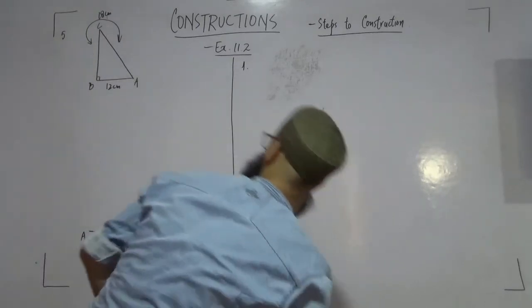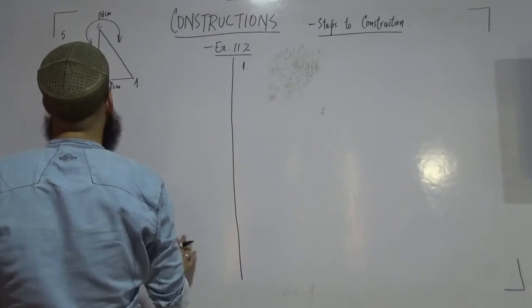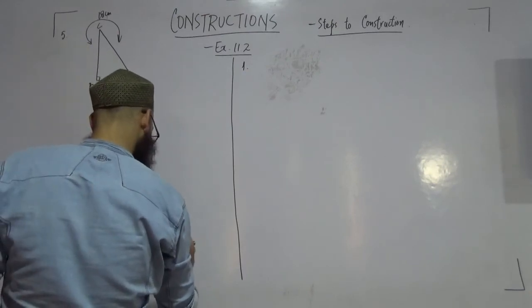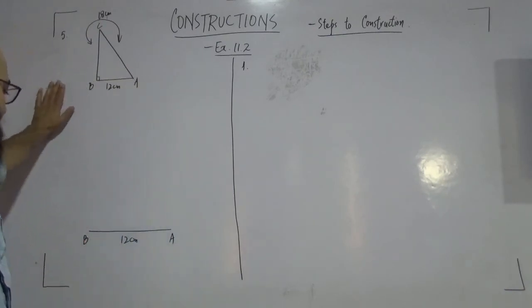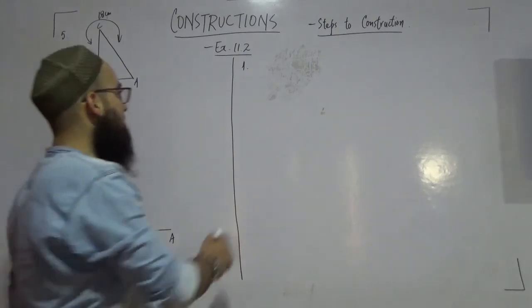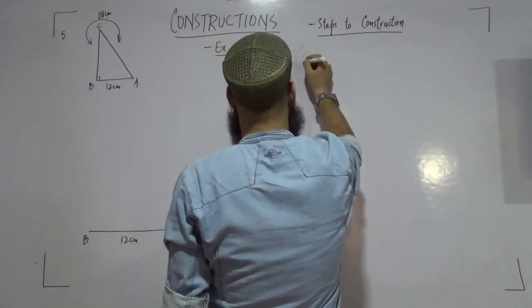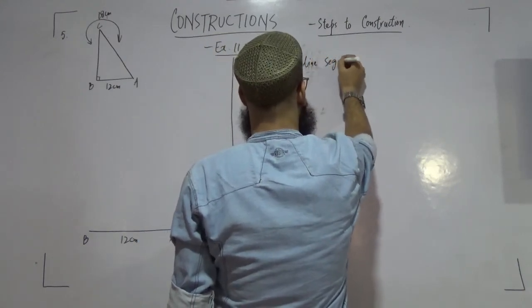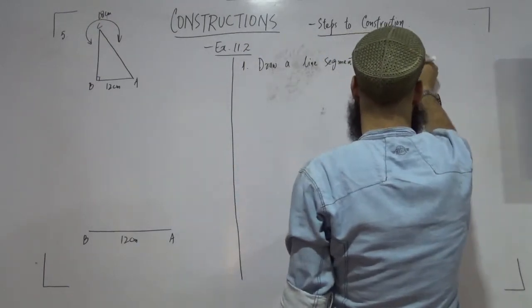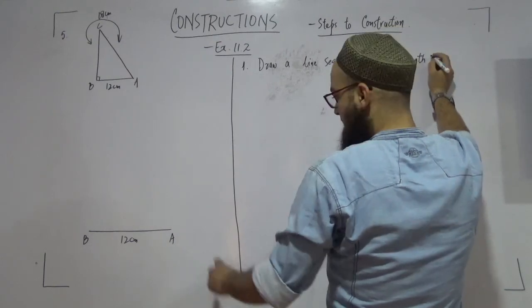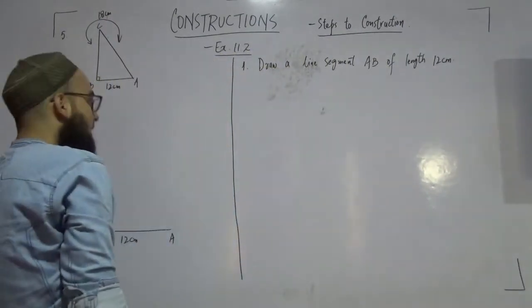AB is 12 centimeters. So I'll write: draw a line segment AB of length 12 centimeter.